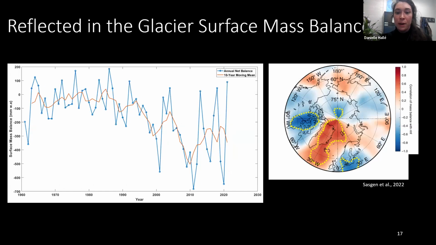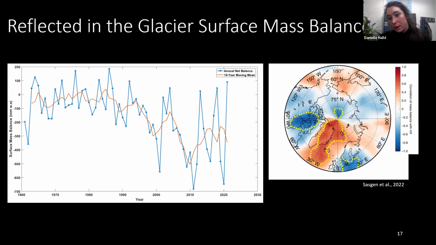So to draw those patterns to more of a pan-Arctic scale, there's a paper from Saskin and others from last year, and they were looking at the correlation of glacier mass balance with the northward heat flux. In the results that you see on the diagram here, the blue shows areas that are negatively correlated with the northward heat flux and glacier mass balance.